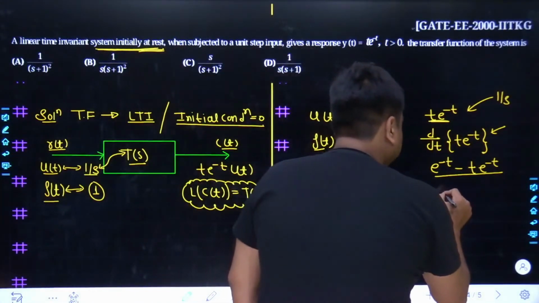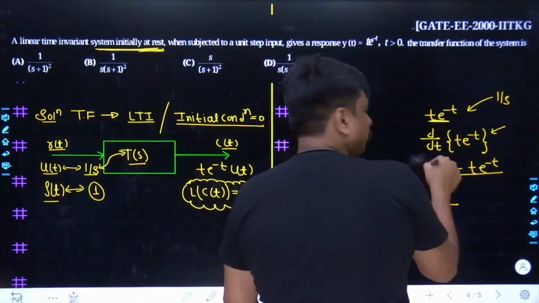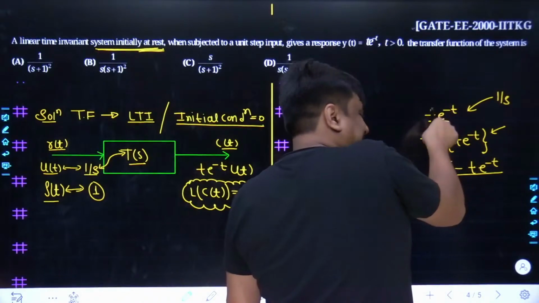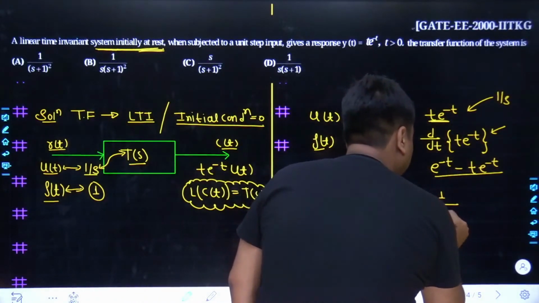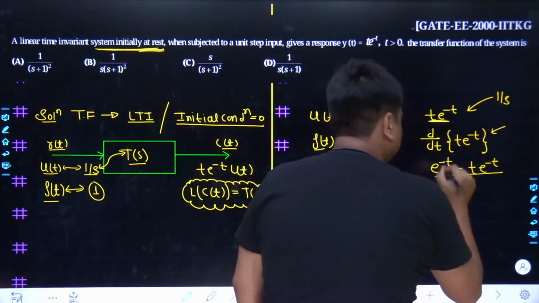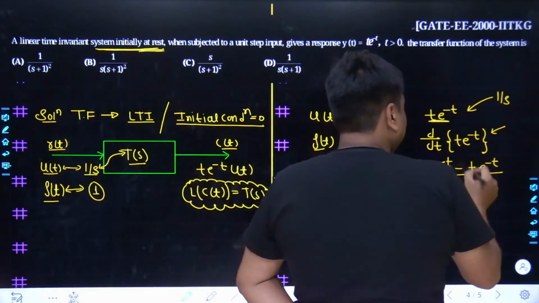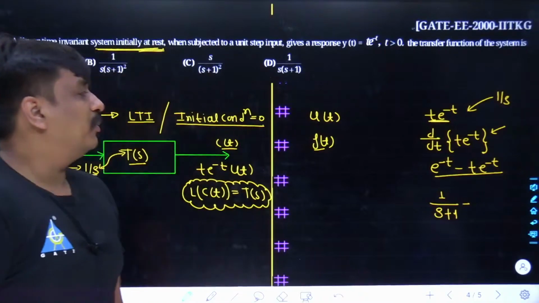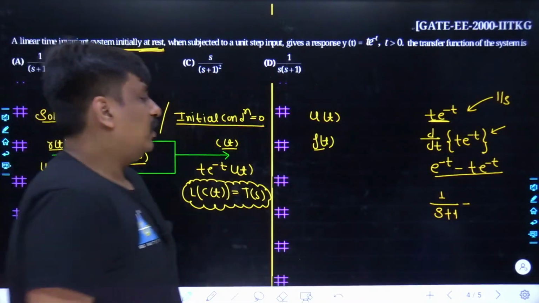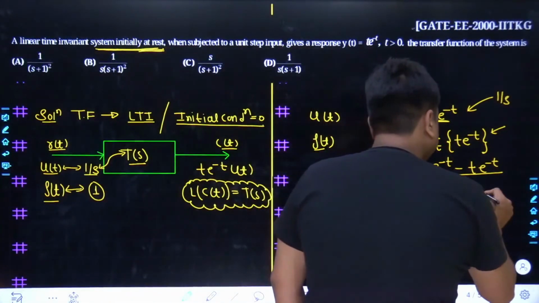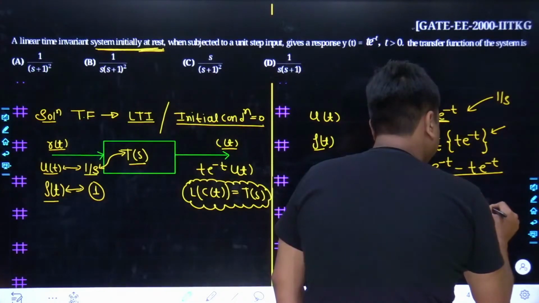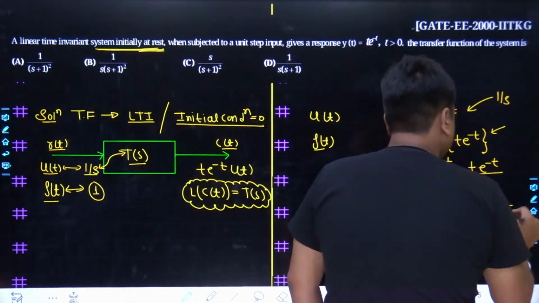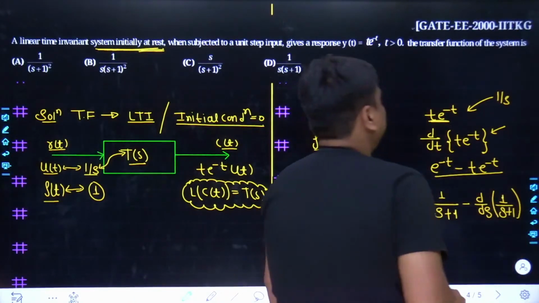So the Laplace of e to the power of minus at, where a is 1, and as it's a minus, it's simply going to be 1 upon s plus a, which is s plus 1. Minus, because of t, which we have seen earlier, what used to be the outcome over here? Here I would have differentiation in Laplace domain of 1 upon s plus 1.